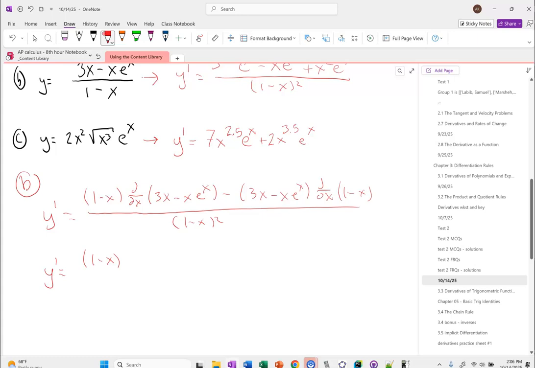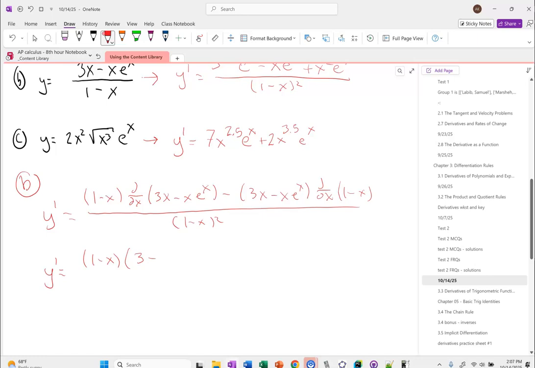Now, the derivative of 3x is 3. The derivative of x e to the x is? A product rule. You see it? Quotient rule. A product rule inside of the quotient rule.